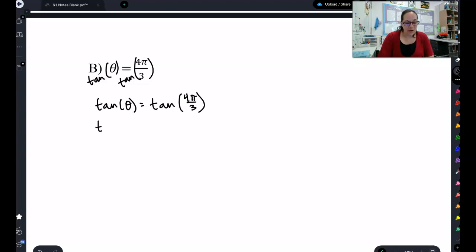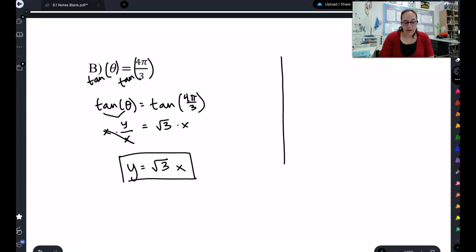Because I know that tangent of 4 pi thirds from the unit circle is √3. And now I can change tangent of theta to y over x using those equations we started with. If I multiply both sides by x, I get y equals √3x.